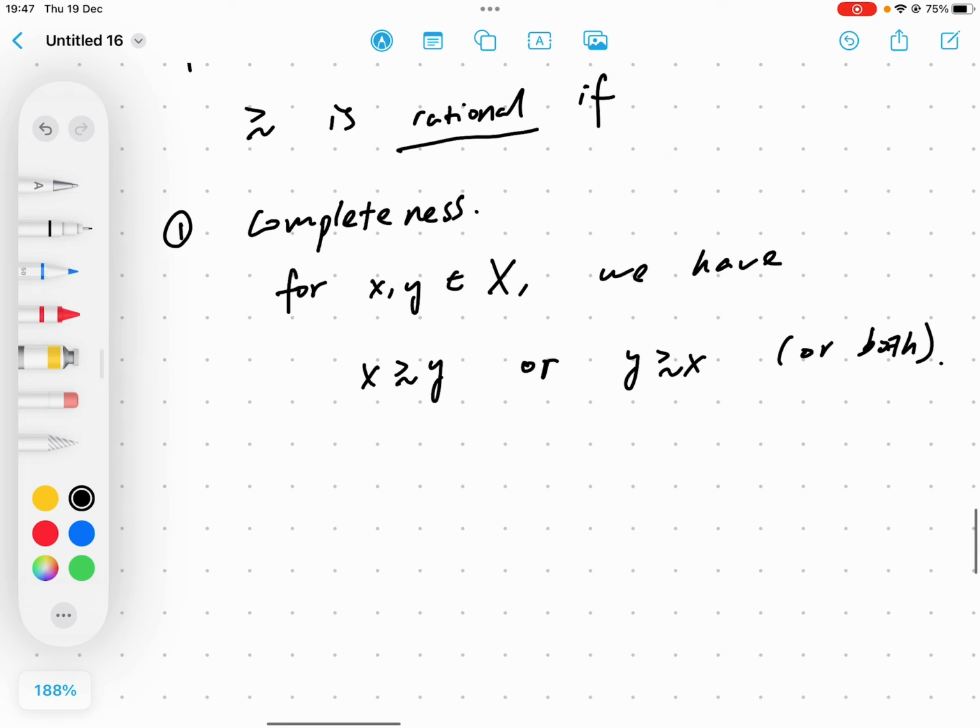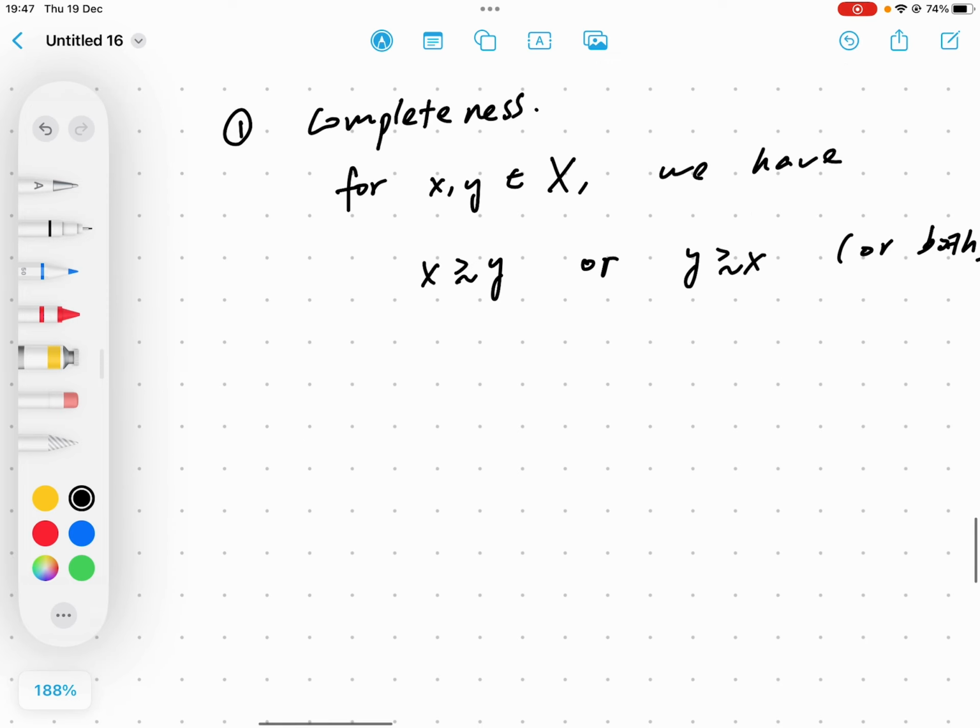So we can always compare which one is better, or weakly better, or they're indifferent. So they always have some sort of relation, and this is called completeness. It's sort of like comparing real numbers, an analog to this.